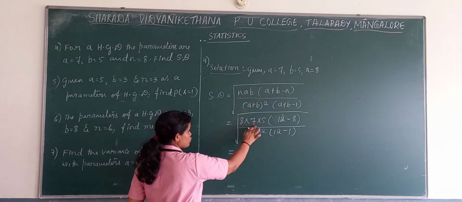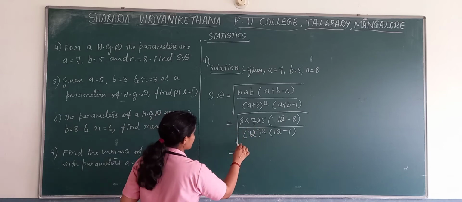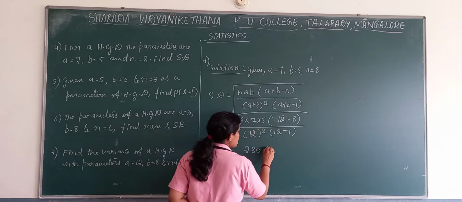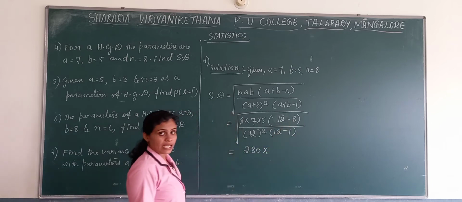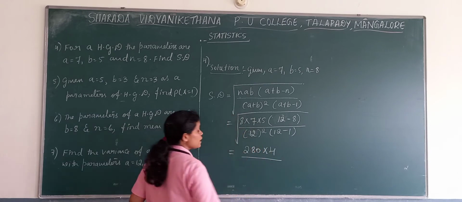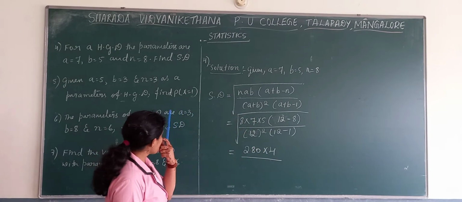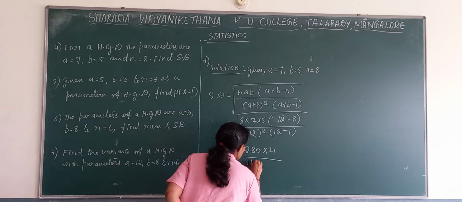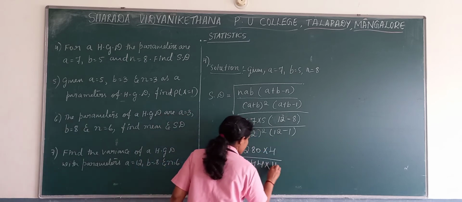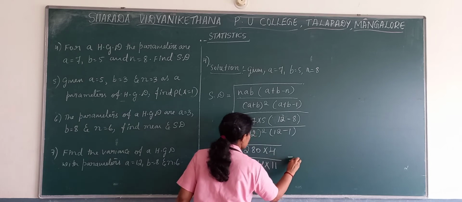So 8 into 7 into 5, we get 280, into 12 minus 8, that is 4, divided by 12 into 12. 12 square we get 144, into 12 minus 1, that is 11. Take the root.